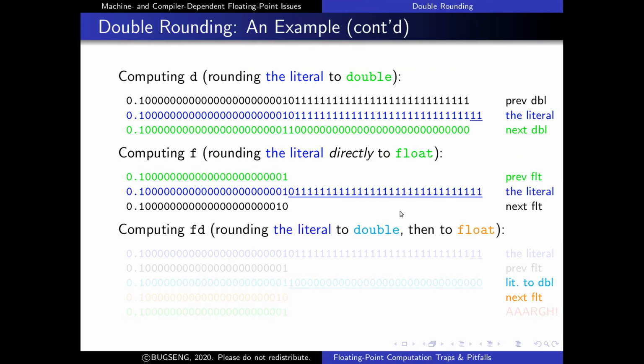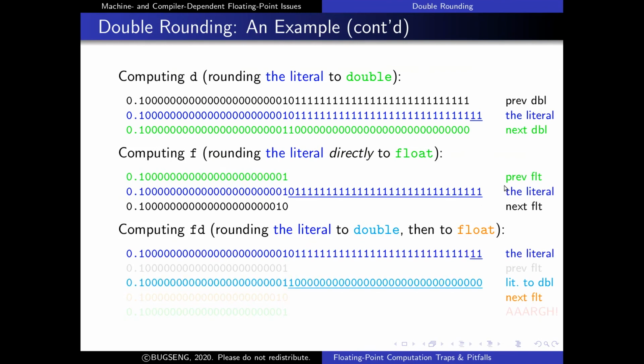Now let us see double rounding. To compute FD, first the literal is rounded to double. We already know the result because we have seen it at the top of the slide. So we obtain this cyan pattern, which is the same as this one. The literal has been converted to a double.